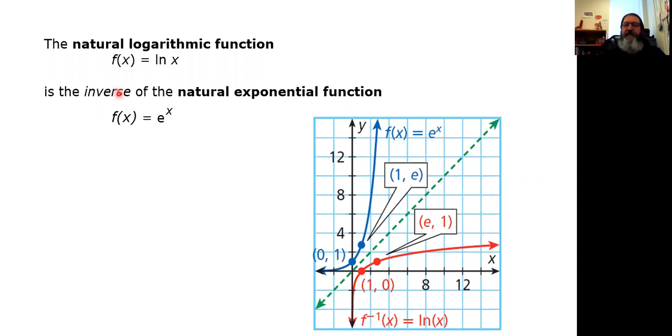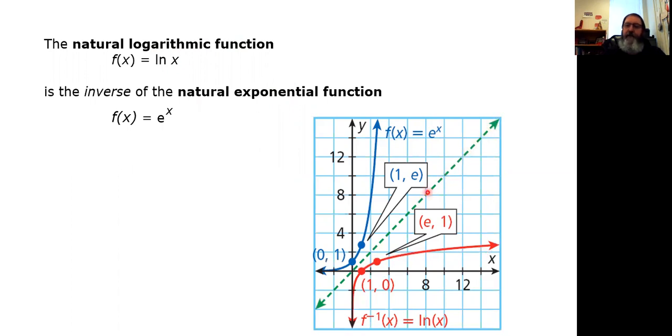This function is the inverse of the natural exponential function, e to the power of x, which is of course our blue graph here. We talked about equations like these in 7.2. Well, its inverse is the natural log function that we see right here.